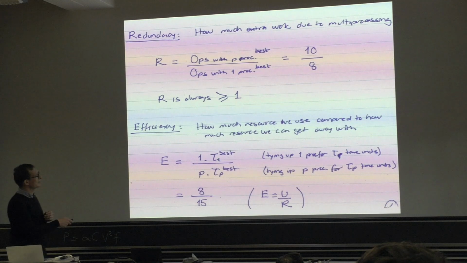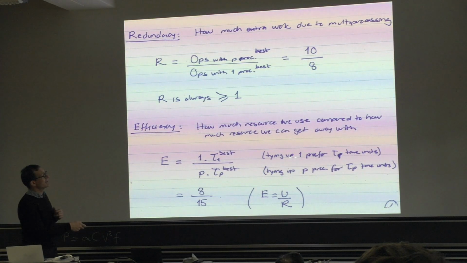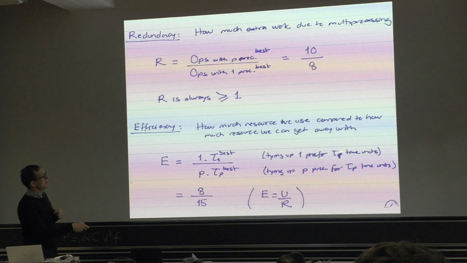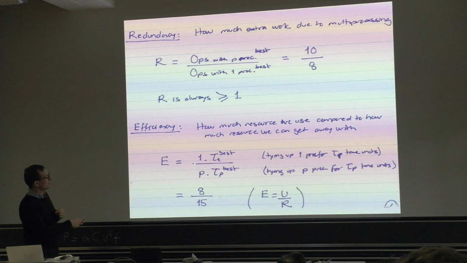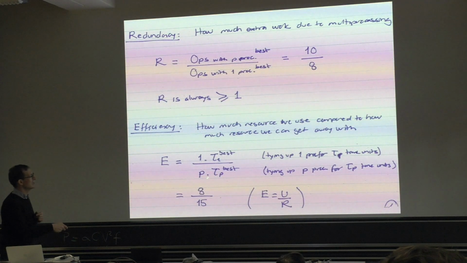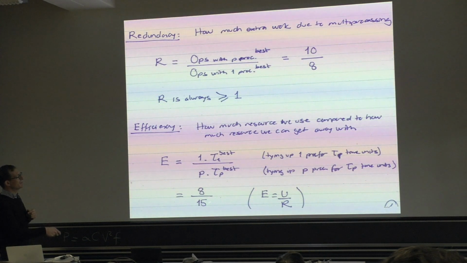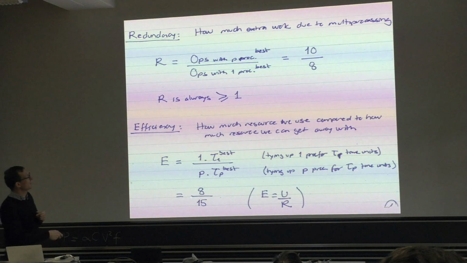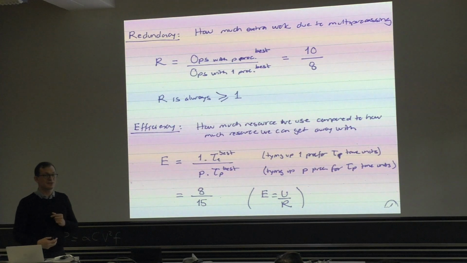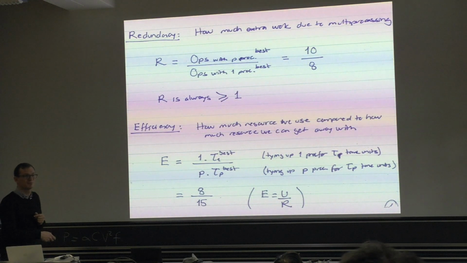So basically, if you look at this, it says we're tying up one processor for this many time units, divided by, we're tying up P processors for TP time units. And in the end, you get 8 divided by 15. So you could have used 8, but we're really using 15. So our efficiency is actually very low.